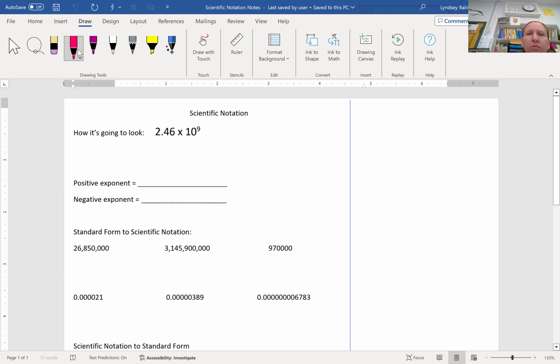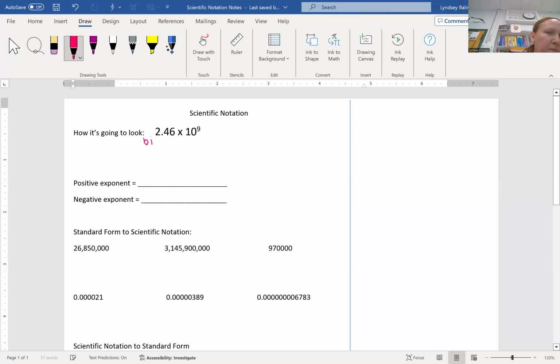It's going to look like a decimal, and our decimal is going to be between 1 and 10. So this number has to be bigger than 1, but also less than 10.